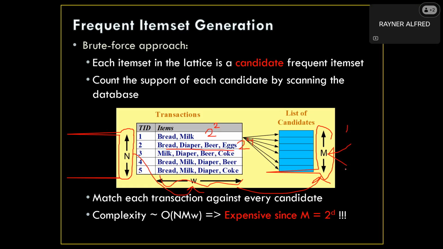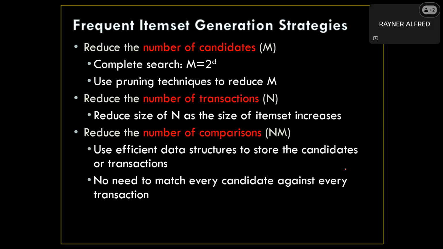So how do we solve this? We need to reduce the number of candidates here, because the complete search would be 2 to the power of D, where D is the number of items.